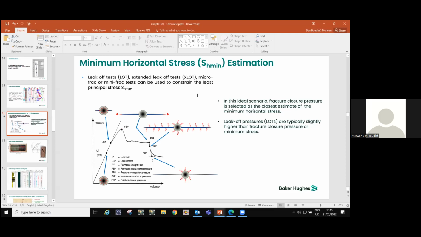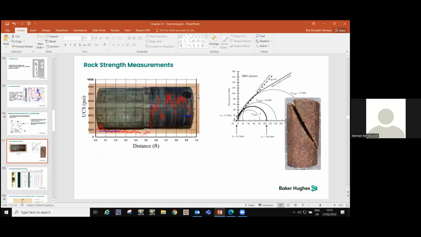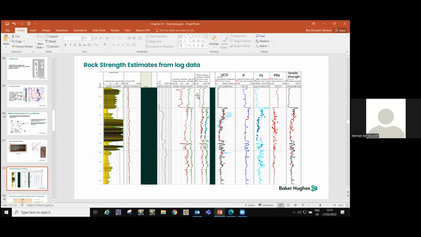Fast and slow formation. Okay. It will depend on your application here, Imad. Usually what we call fast formations is related to the acoustic slowness, which you know as DTC or DT, the compressional acoustic slowness of the rock.